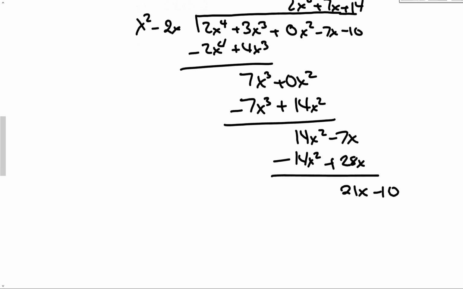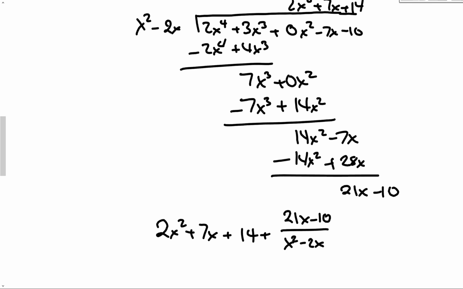Okay, so my answer becomes 2x squared plus 7x plus 14 plus 21x minus 10 over x squared minus 2x.